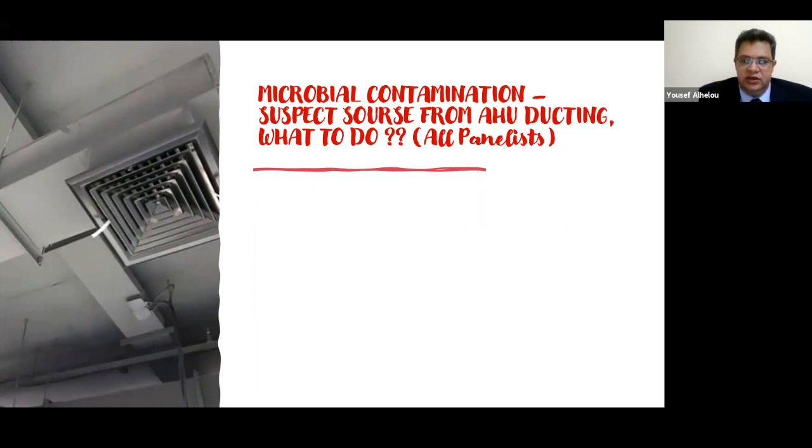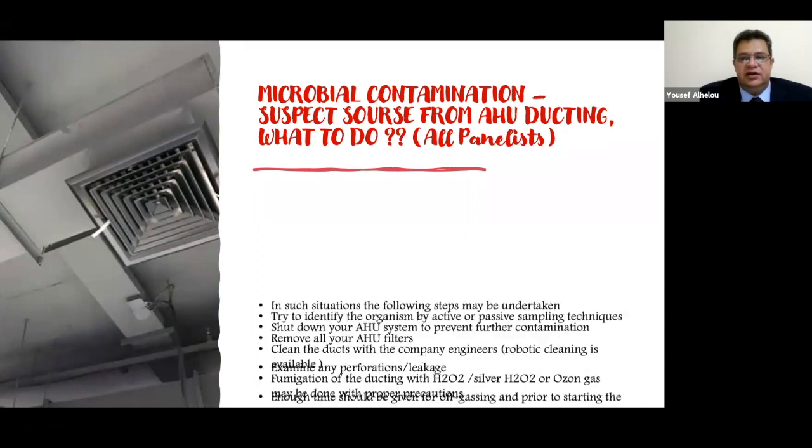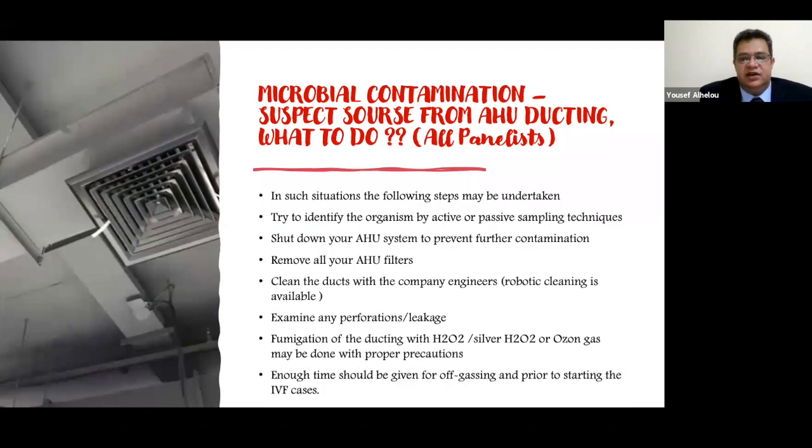In addition, we need to compensate the patients that were affected by this problem. And if the problem is not solved immediately, we need to stop taking cases because we will cause a lot of damage to the patients, and we cannot transfer or freeze embryos that have microbial contamination.